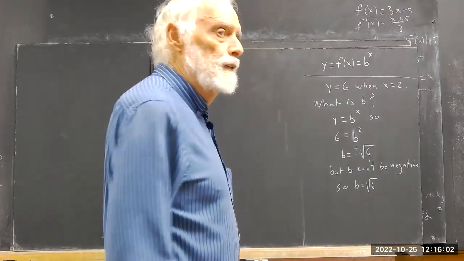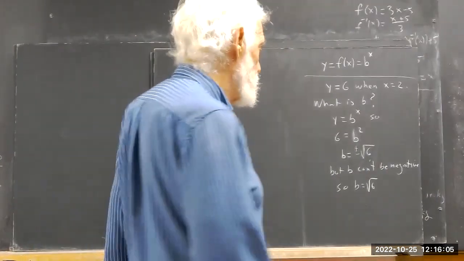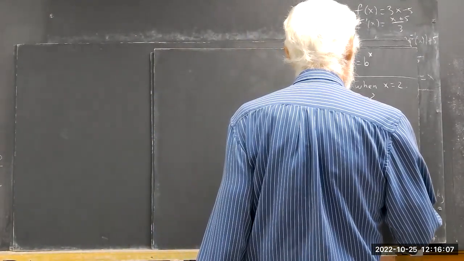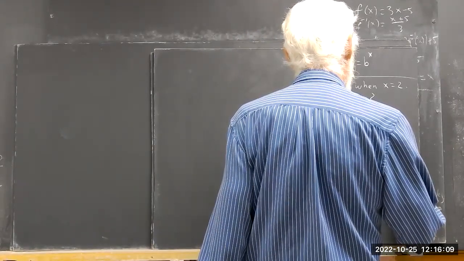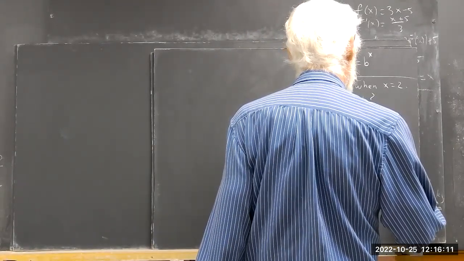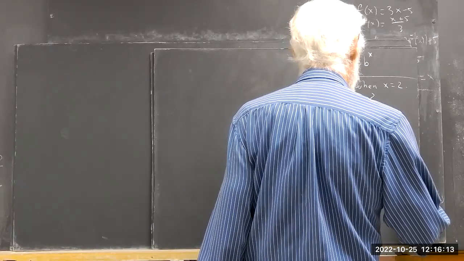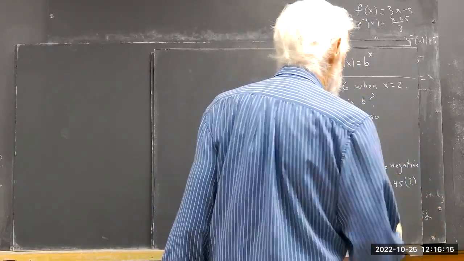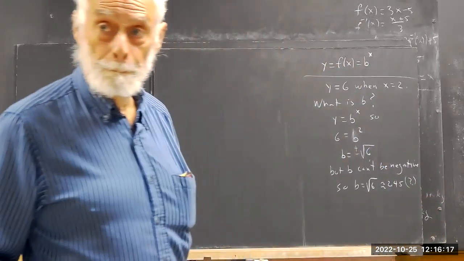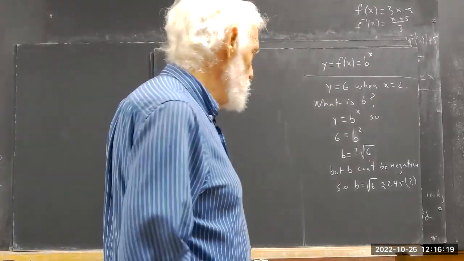B can't be negative, so b is the square root of 6, which is approximately 2.45. Question mark in my estimate there, might be 4.446. Okay, kind of think it's 4.5.